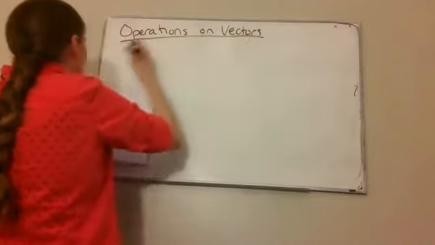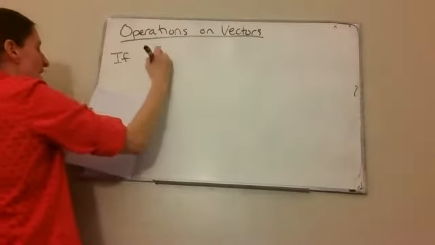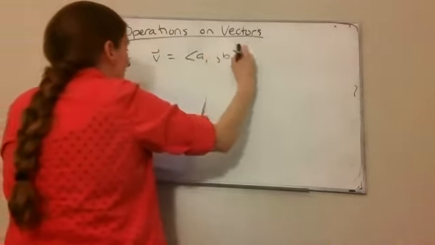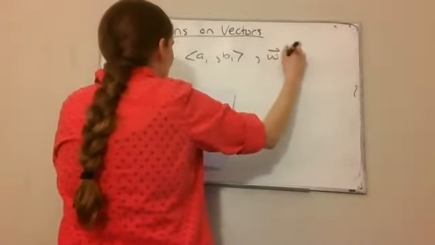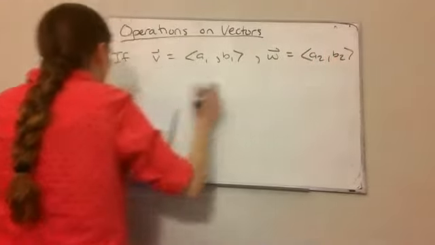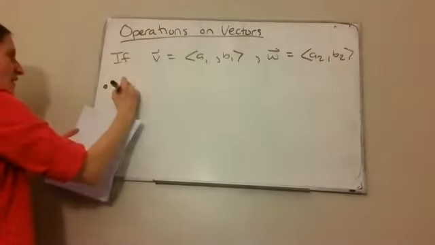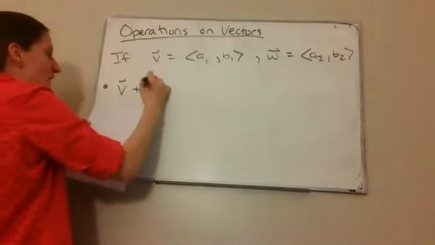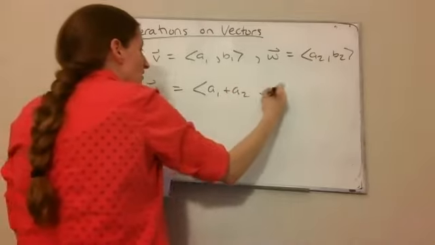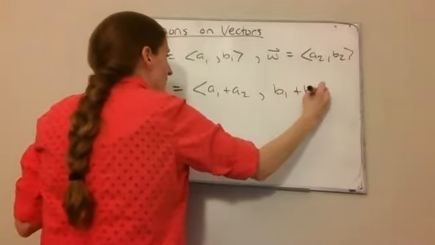We're going to say V is A1, B1, and W is A2, B2. Then V plus W is A1 plus A2, B1 plus B2.